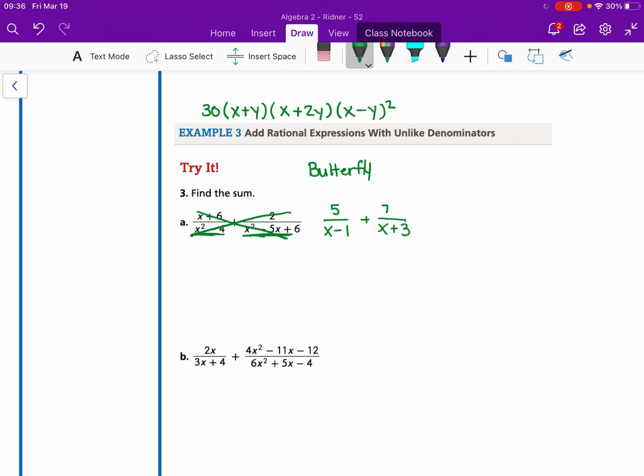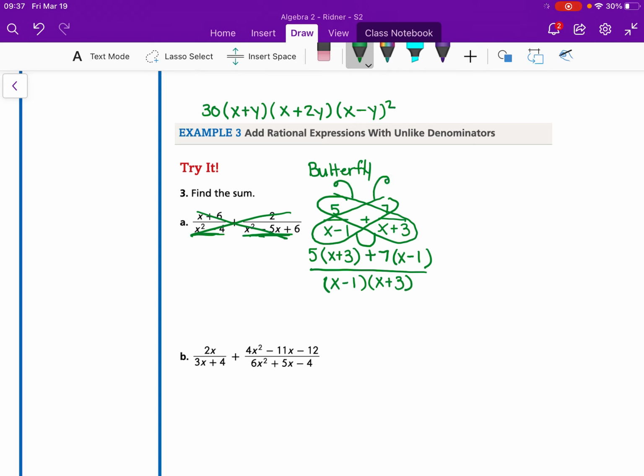To add or subtract, first you're going to multiply this diagonal, so 5 times x plus 3. Then you're going to do whatever the sign is in the middle, either add or subtract. In this problem, it's add. Then you do the other diagonal multiplied, all over the two bottoms multiplied together.